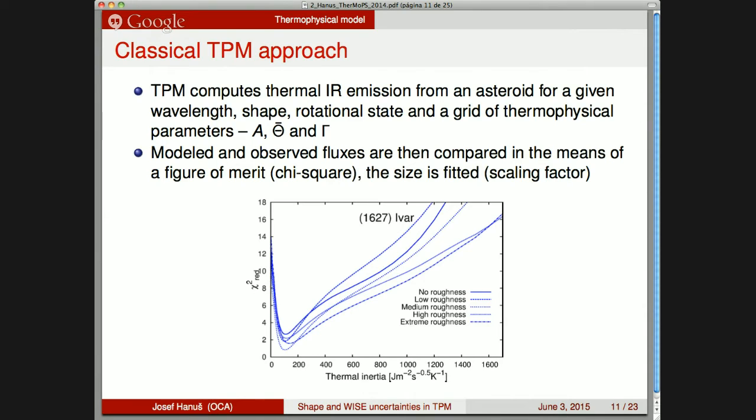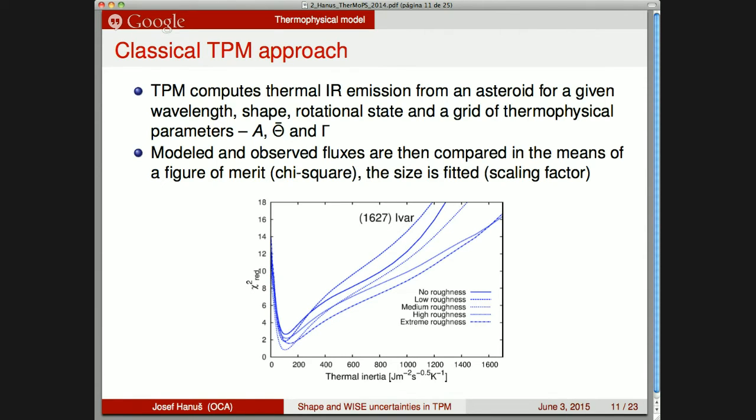So this is something called the classical TPM approach, where the TPM is basically a direct method: you choose your parameters, compute the temperature and the fluxes, then compare them with the observations, and you construct a chi-square.